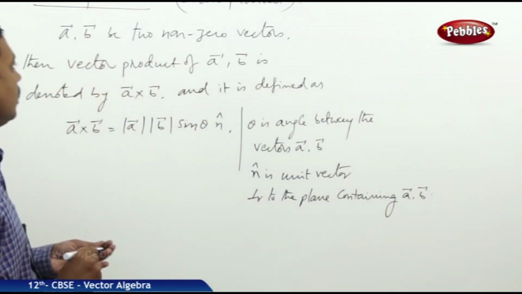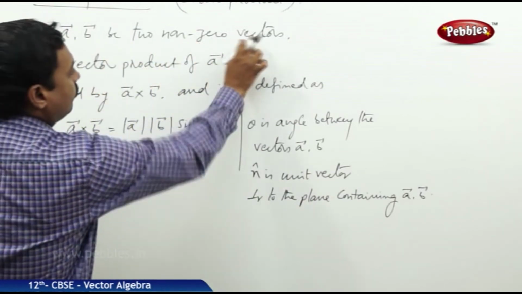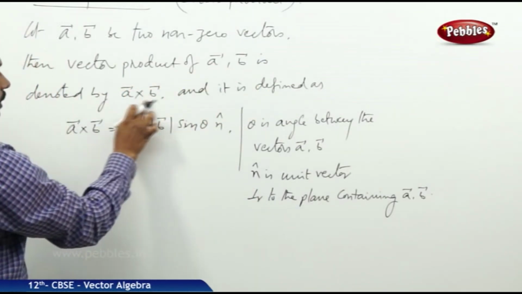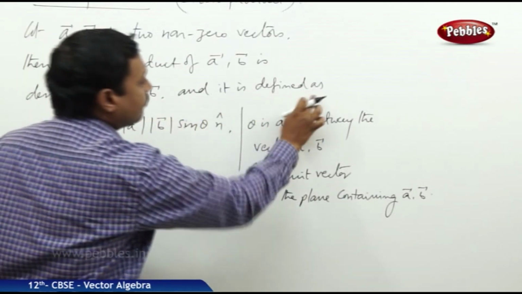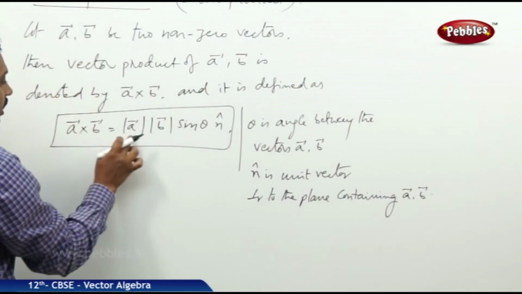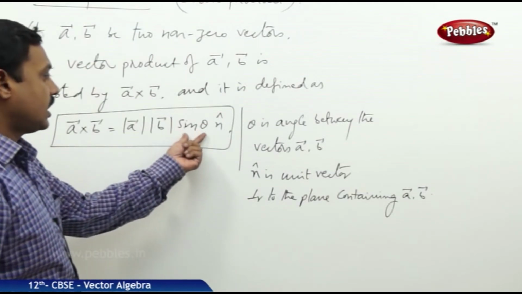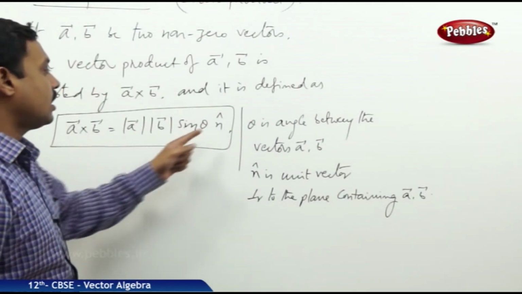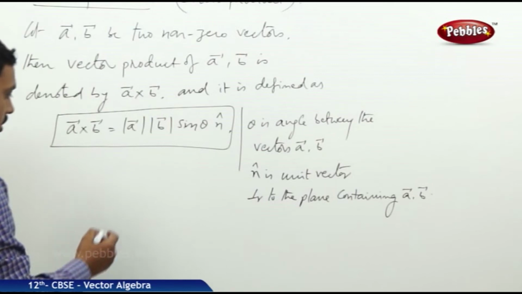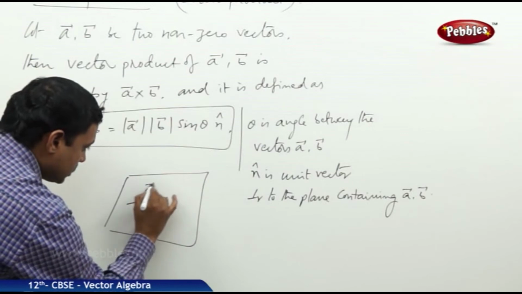Once again, let a bar comma b bar be two non-zero vectors. Then the vector product of the two vectors is denoted by a cross b, and it is defined as a cross b is equal to modulus of a into modulus of b into sin theta into n cap, where theta is the angle between the given two vectors and n cap is the unit vector perpendicular to the plane containing a and b. Suppose a bar, b bar are two vectors on the same plane like this.